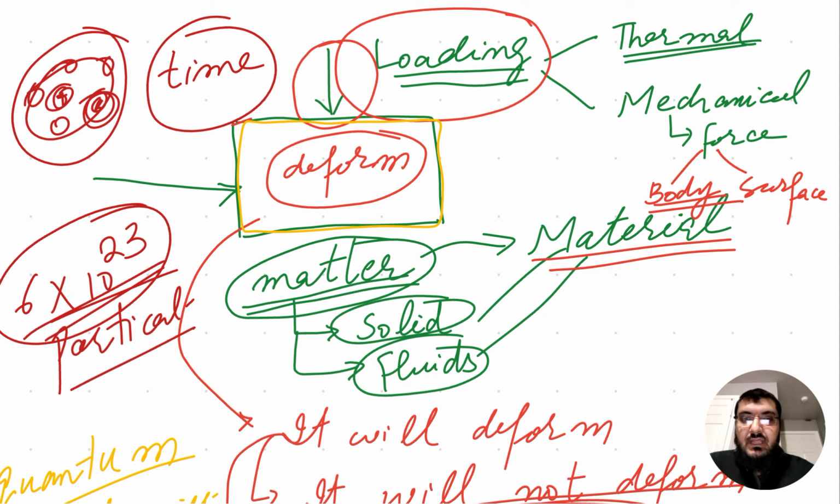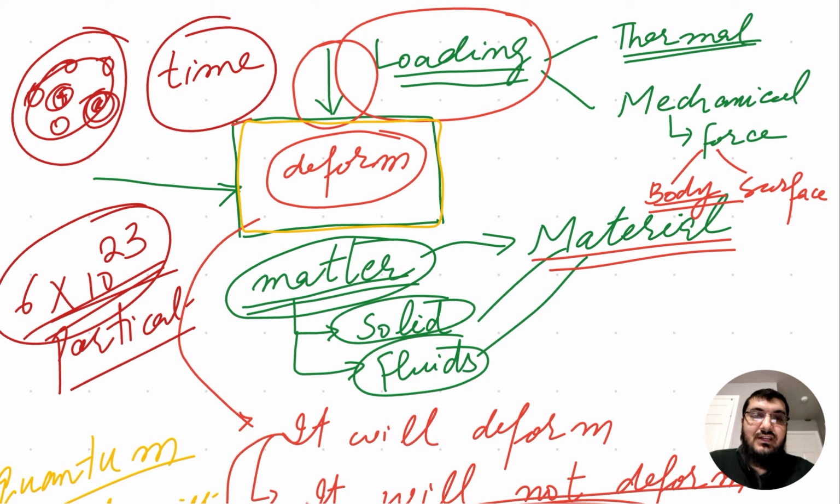For example, you have a watch in your hand. In a watch, in which thing are you most interested? You are most interested in the motion of the needles, only needles. You are not concerned about how the internal machinery is working.